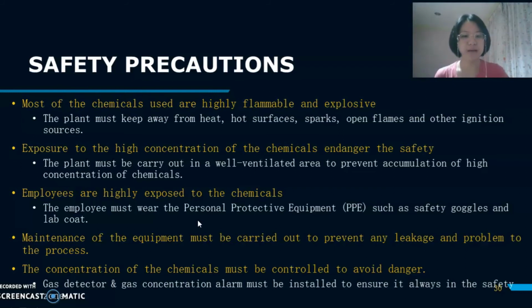We need to wear protective equipment such as safety goggles and a lab coat to protect ourselves. Maintenance of equipment is also very important, and we need to install gas detectors so that the alarm can detect high concentrations of chemicals, so that we can respond as soon as possible and bring it back to the safety level.